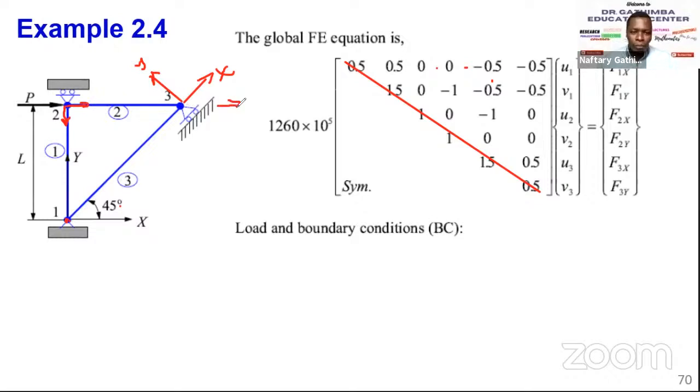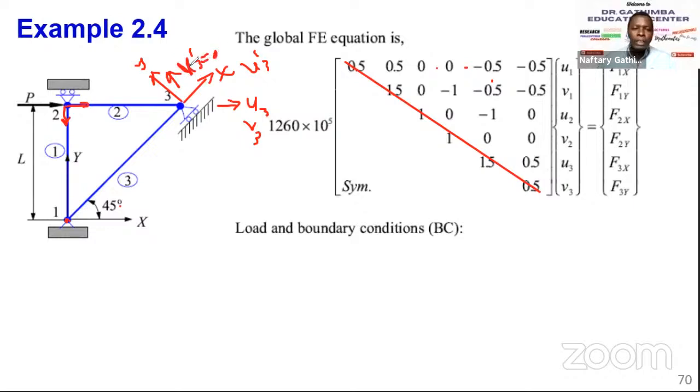At the global scale, we don't know what is U3 and what is V3. What we know from the roller is that U prime 3 is unknown because we can allow movement, but we know in this direction, V prime 3 is equal to 0.